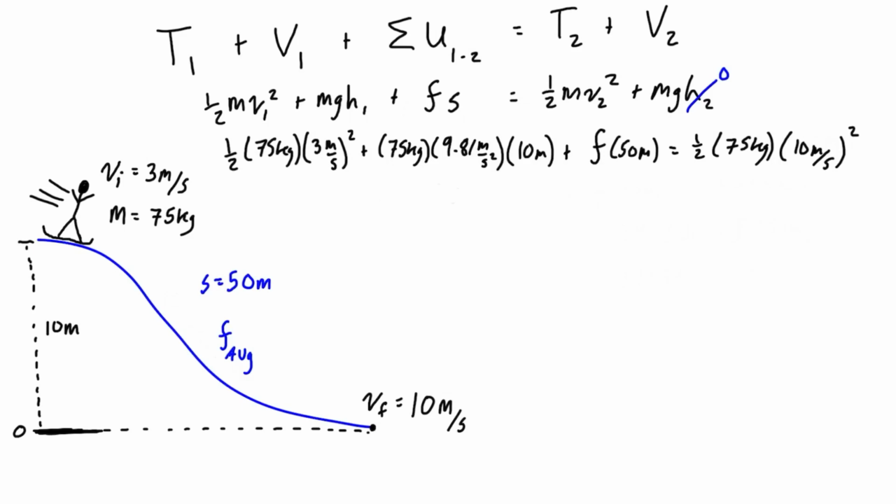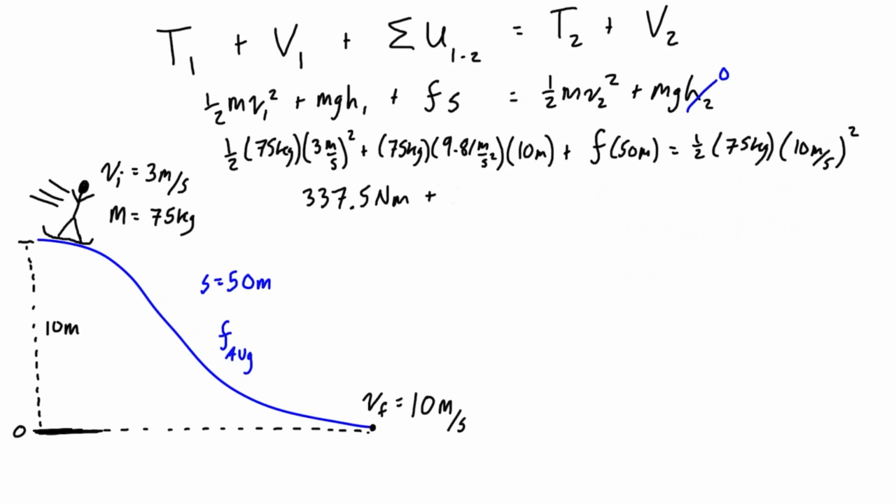All right, so we can just simplify these term by term. The first term here is going to be 337.5 Newton meters. You can see the units here will be Newton meters because it's kilograms times meters per second squared times meters. So we have newtons times meters. This is the same thing as joules. All of the terms are going to be in the same units, but we can write it as Newton meters because you'll see it's nice to cancel out with the 50 meters when we get to it.